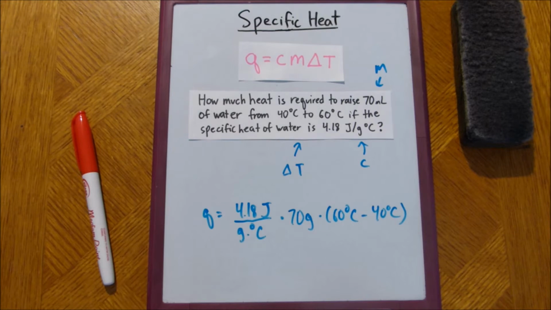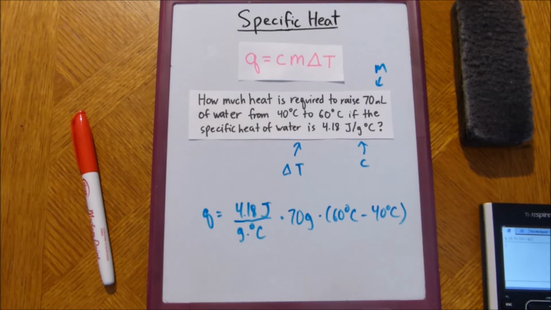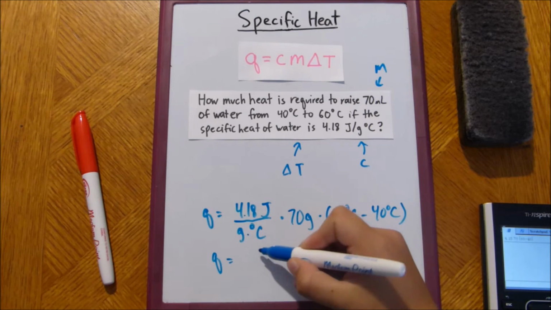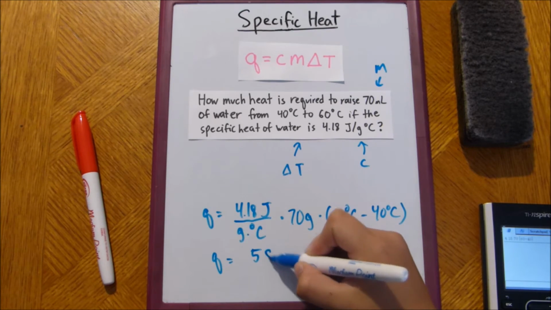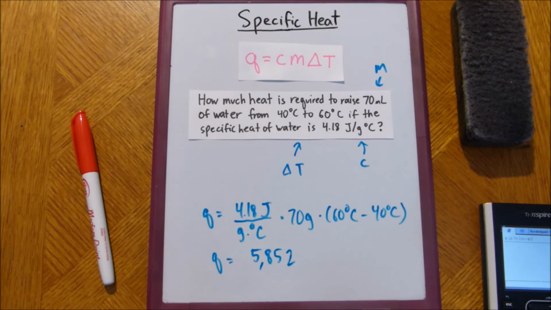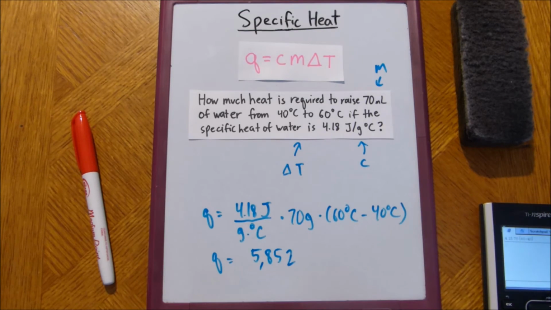So if we plug that in, we end up getting that our Q equals 5,852.